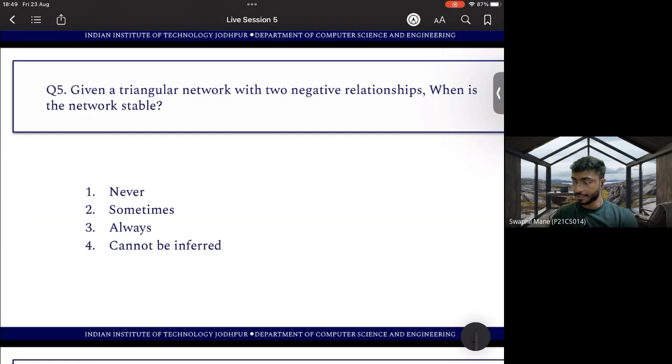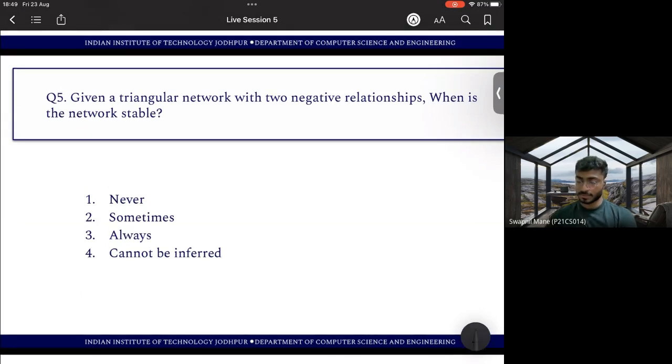Given a triangular network with two negative relationships, when is the network stable? So next, let's draw the network. We have nodes and two edges, and it has been given that two relationships are negative, so negative relationship.